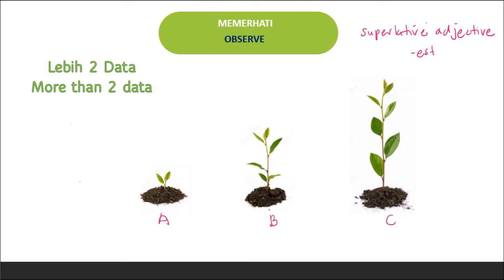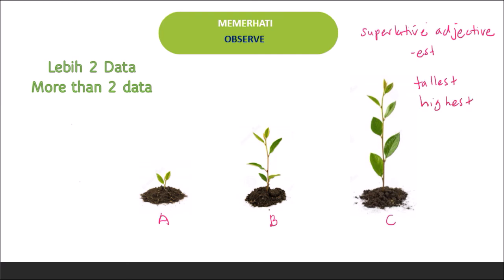And also the next information we can gather here is the height of the plant. We can say that the height of the plant C is tallest, or highest.